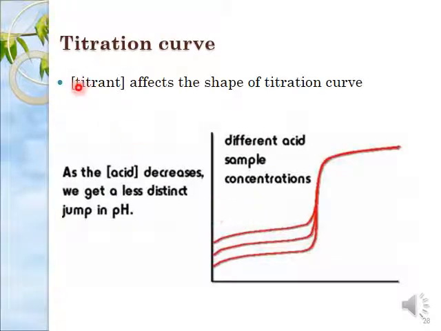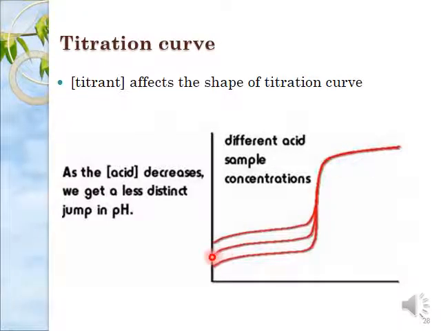Now let us look at the factor of concentration. Concentration will affect the shape of the titration curve. If you look here, this is what happens when we decrease the concentration of the acid sample. Let's say this is the original concentration, 0.1 molar acid with 0.1 molar strong base. So you get this pattern here. Let's say we dilute the sample, so it becomes 0.05 molar instead.